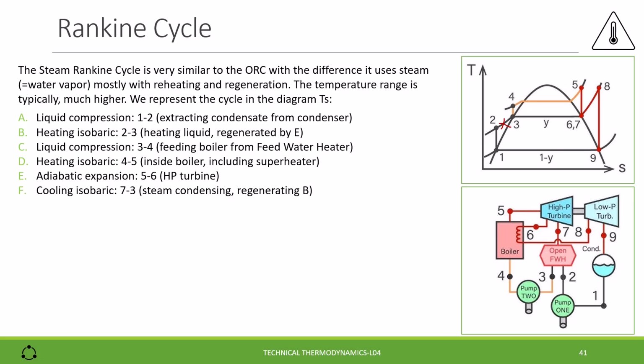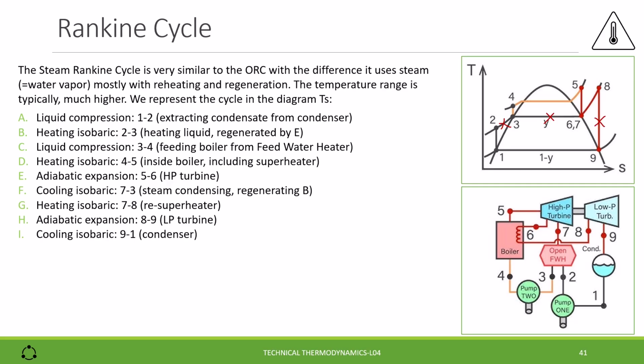The transformation F from 7 to 3 is the steam condensing, regenerating the transformation B. The transformation G is the isobaric heating from 7 to 8, and it takes place in the re-superheater. Transformation H is the adiabatic expansion 8-9 in the low pressure turbine.